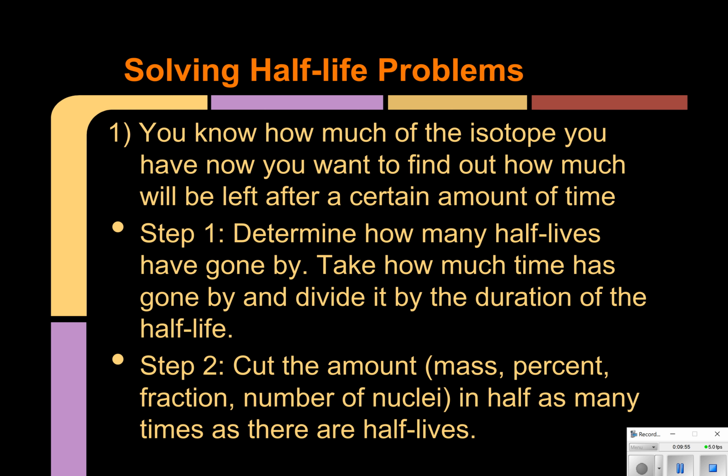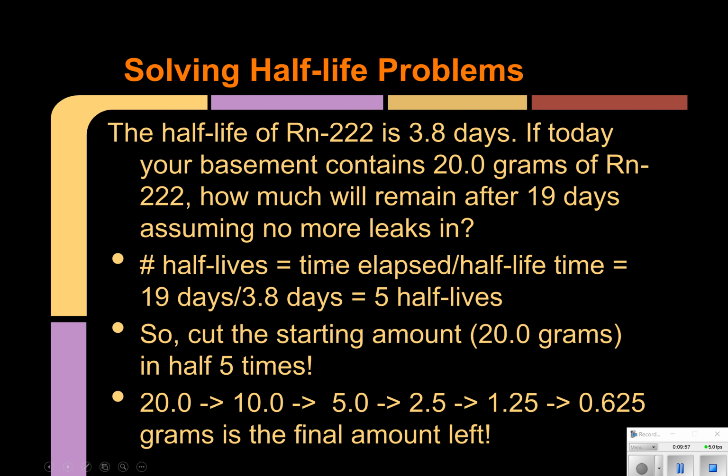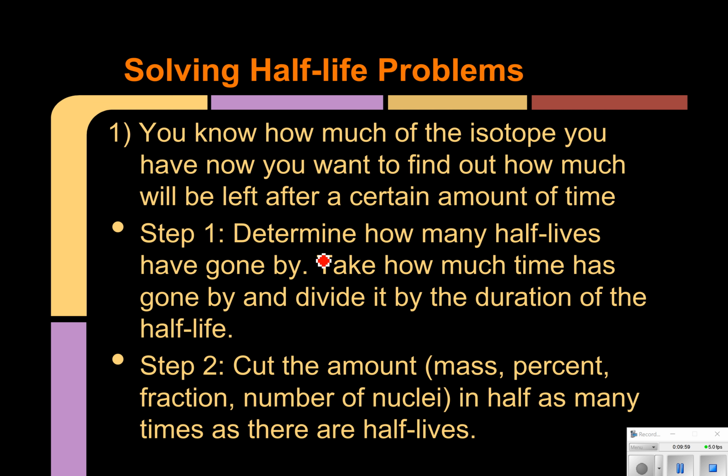I'll break that down a little bit more on the next slide. But this part is important. We take the elapsed time, how much time has gone by, and divide it by the duration of the half-life. That'll tell us how many half-lives that particular radioisotope has gone through.